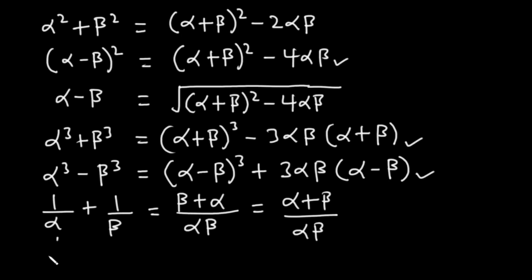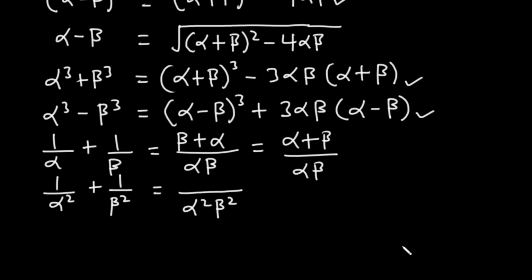Now if you have 1 over alpha squared plus 1 over beta squared, then the LCM between alpha squared and beta squared is alpha squared beta squared. Now alpha squared beta squared divided by alpha squared is beta squared, and then alpha squared beta squared divided by beta squared is alpha squared.